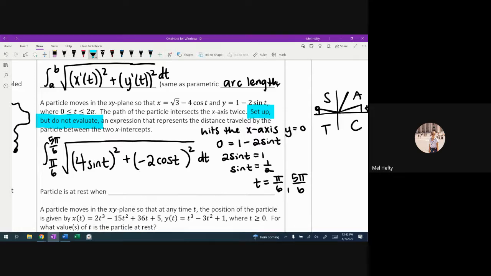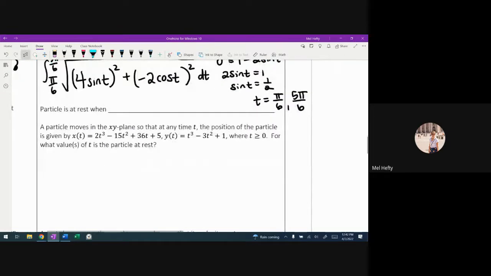Good. All right, what time is it? Let's do this one last question, and then we'll pick up the last question next time. Let's say we're at rest. Tell me what you know. Easier than speed equals 0, let's say velocity equals 0, right?